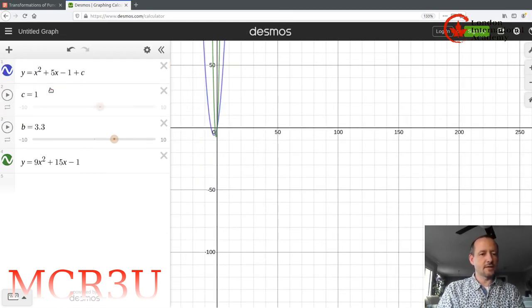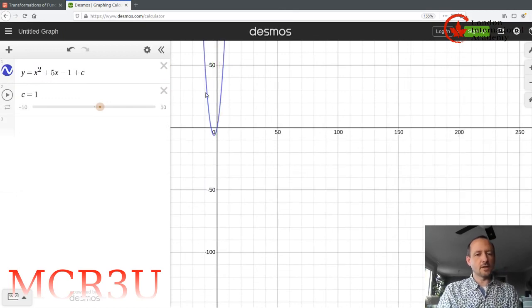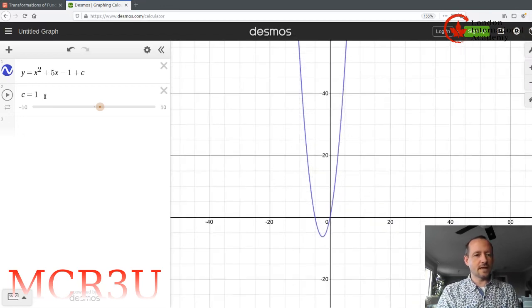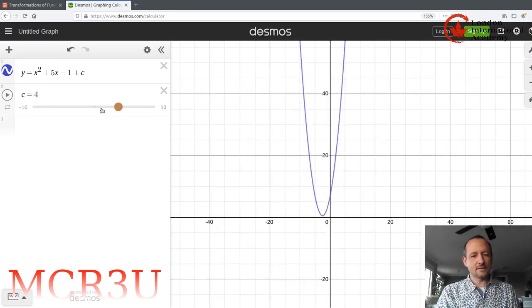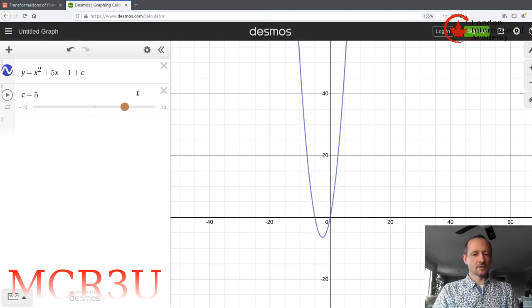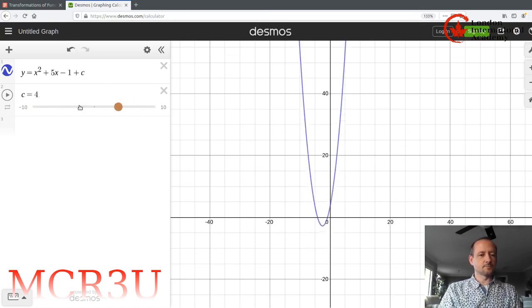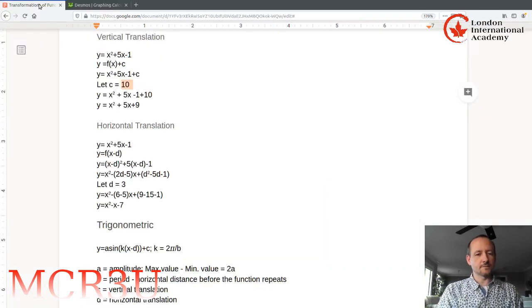And we put a slider c there. We'll take the slider b out and take this one out. Okay, so there's our original function. And now we're going to add c. As you add c or subtract c, it moves up or down. So it's just going up or down, and c is affecting how the function moves only in the vertical direction.